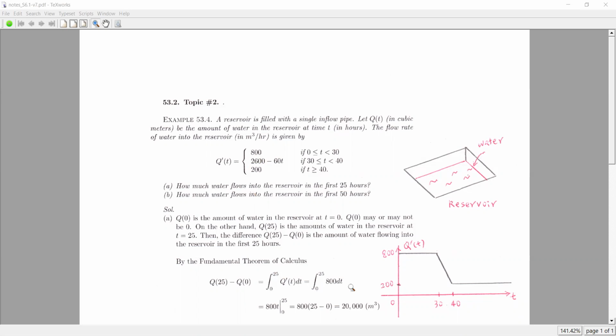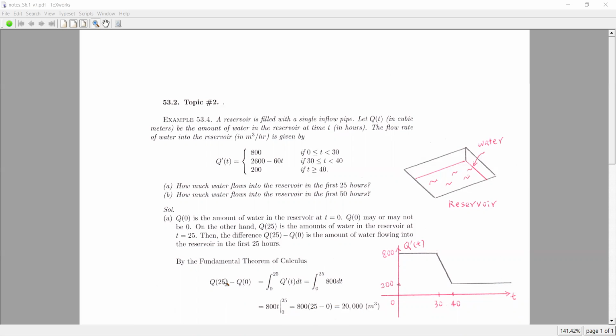Now to find this integral, find one antiderivative of 800. It is 800 times t. Plug in the upper limit, plug in the lower limit, and take the difference. Then we get this integral is 20,000.